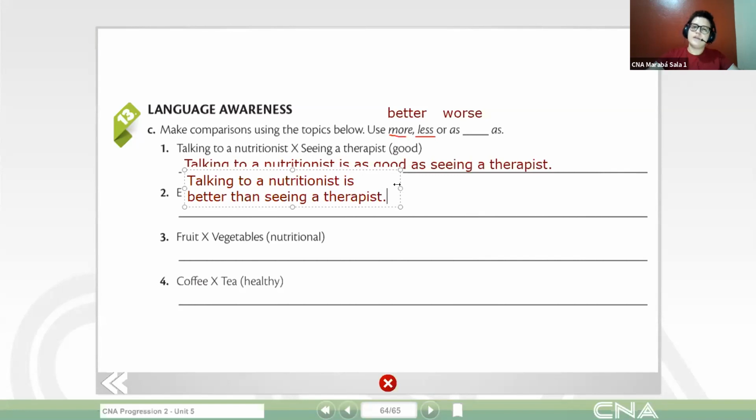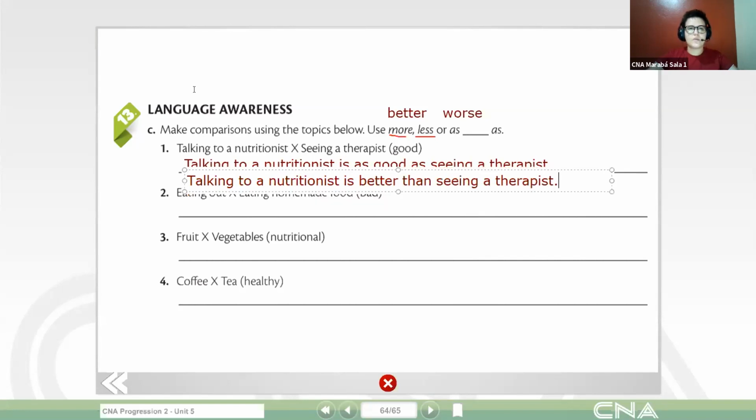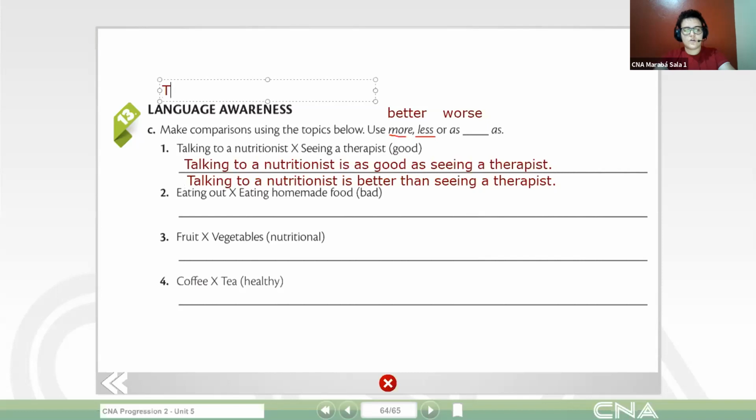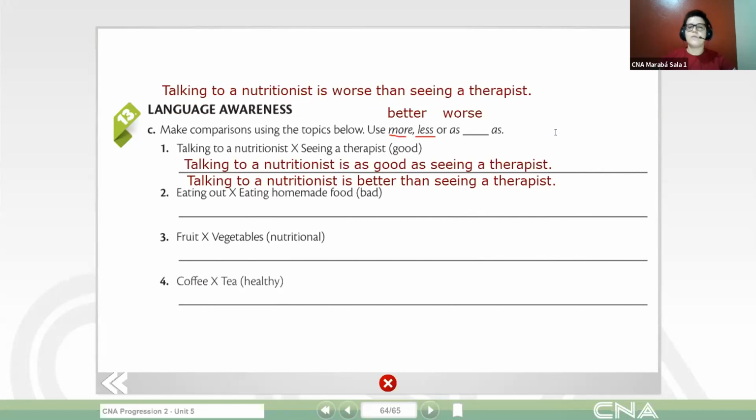Or if I want to say that it is less, talking to a nutritionist is worse than seeing a therapist. Okay, those are the three options that you have: a comparison for more, a comparison for less, and a comparison for equal, for similarity. Finish number 2, 3, and 4, please.